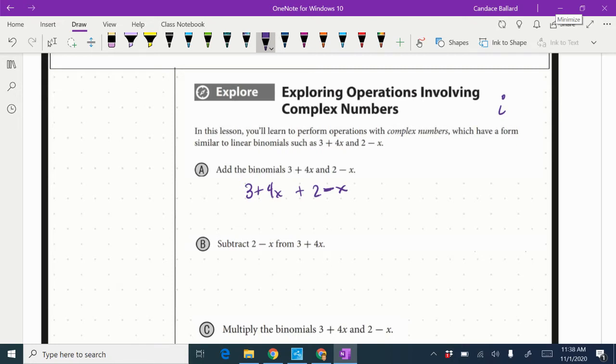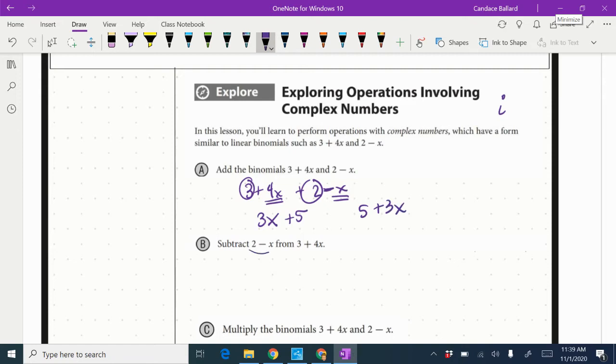All right, so that looks like something we've been doing since probably before Algebra 1. So I'm going to add my like terms together. So I'm seeing 4x and negative x, and that's 3x, yes. And then I'm seeing 3 plus 2, which is 5, which we could write like that, or we could write it like this. Either way, they're both correct.